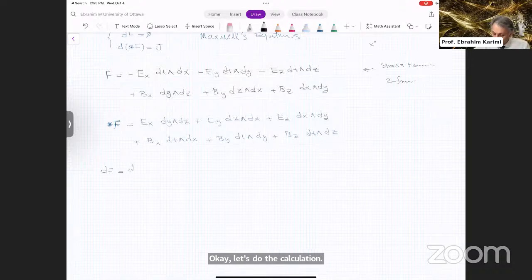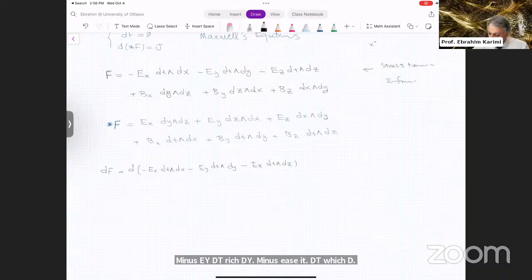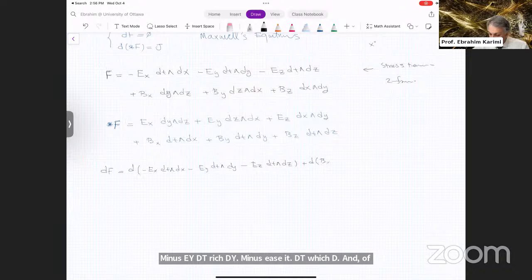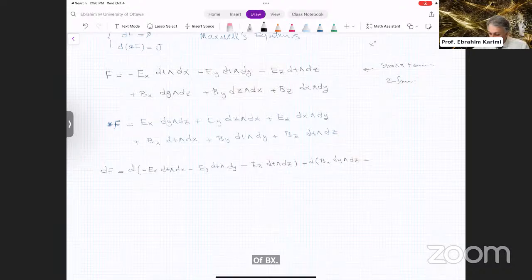It will be the derivative of minus ex dt, which dx, minus ey dt, which dy, minus ez dt, which dz, and of course plus d of bx dy, which dz, plus the other term.